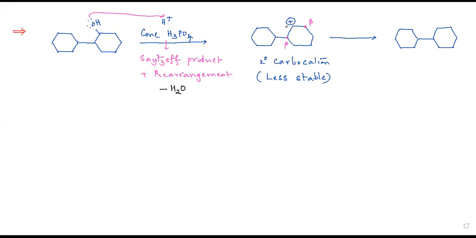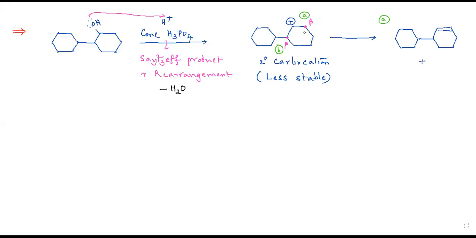Let us just give them some number. Let this be possibility A and this beta be the possibility B, right? Now when you go for possibility A, what do you get? Yes, this beta comes into picture and we get a double bond here, right?